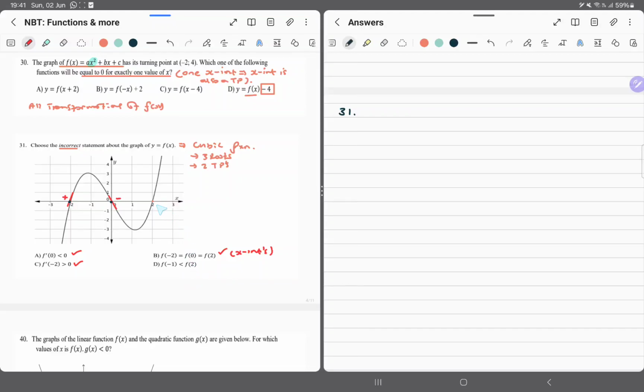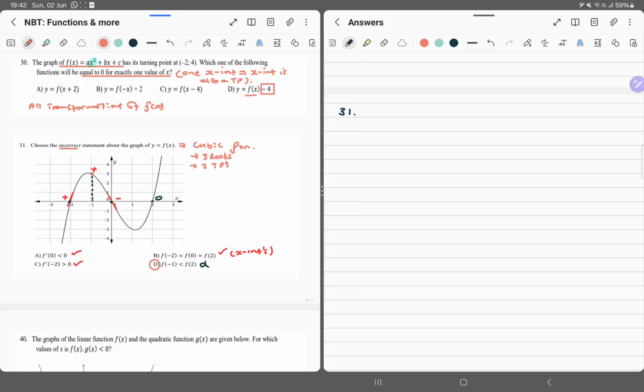F of 2 is 0, but f of minus 1, you can see, is positive there. And yet f of 2 is 0. So this is incorrect, and therefore it becomes the answer, because we are looking for the incorrect answer here.